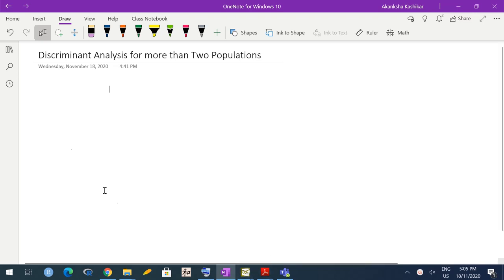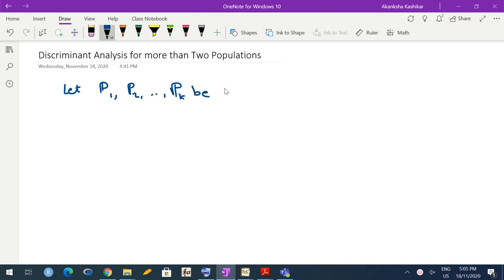So let P1, P2, ..., Pk be K populations, and we have to classify a new observation into one of these K populations. Just like the earlier case, we would assume that each of these populations is multivariate normal.